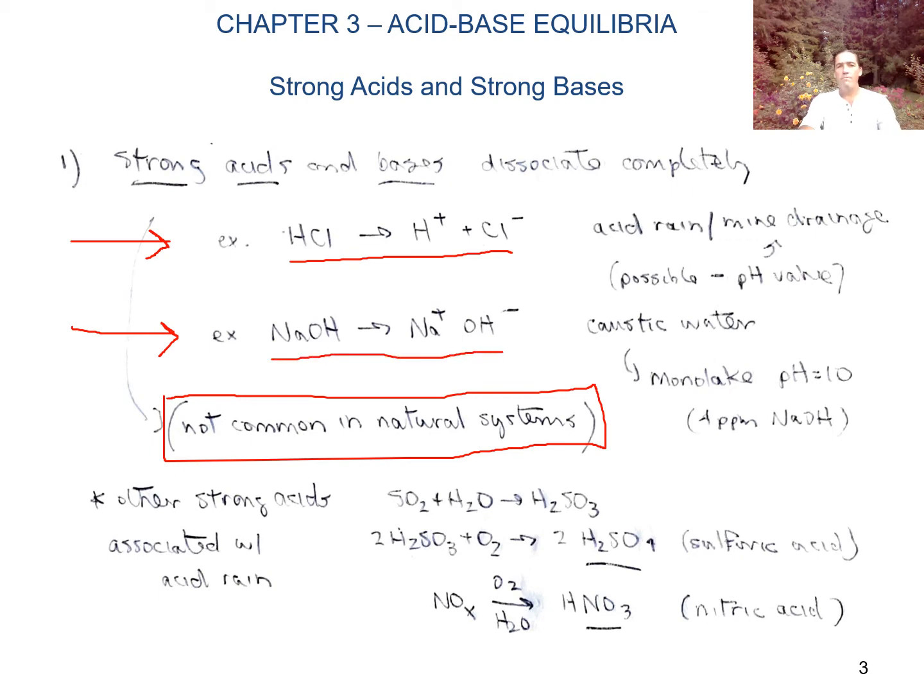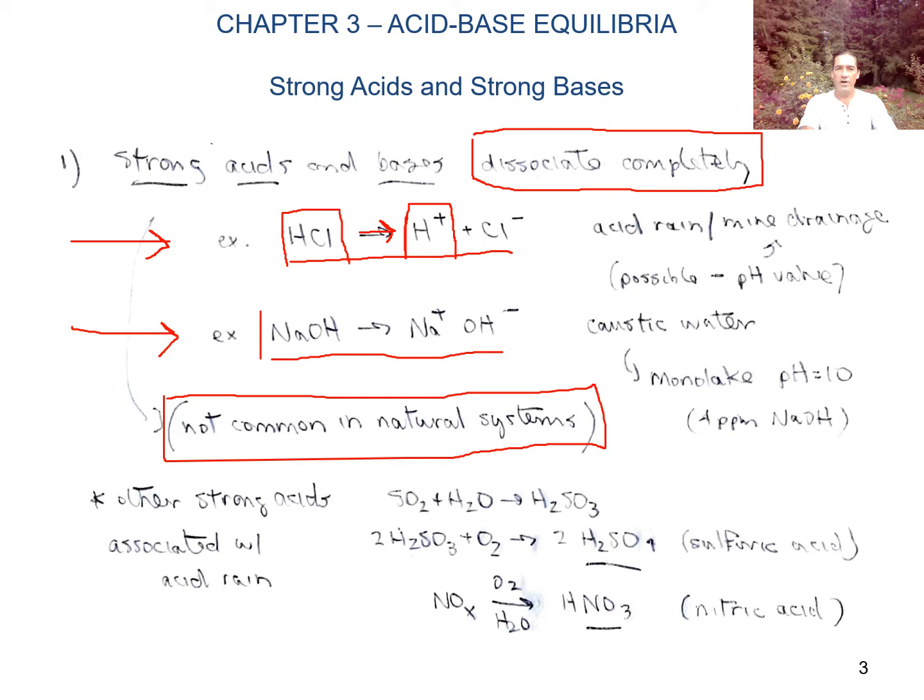What makes an acid or base strong is that they dissociate completely when they are added to water. So when you add hydrochloric acid to water, it does not stay in the form of HCl. All of it, essentially all of it, turns into H+. And this H+ contributes to the change in pH.